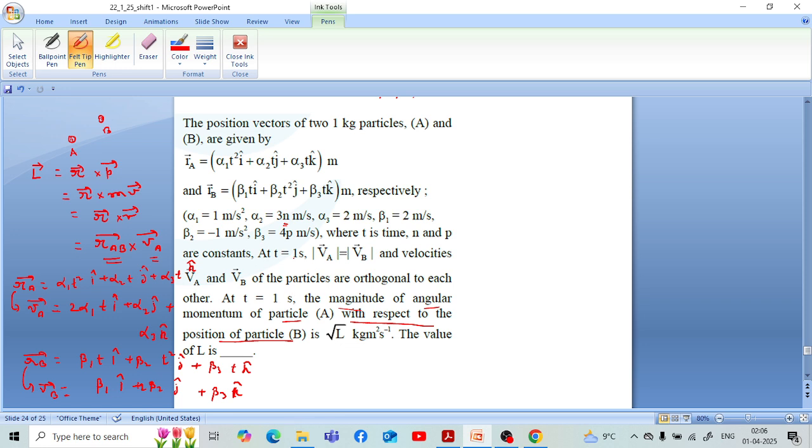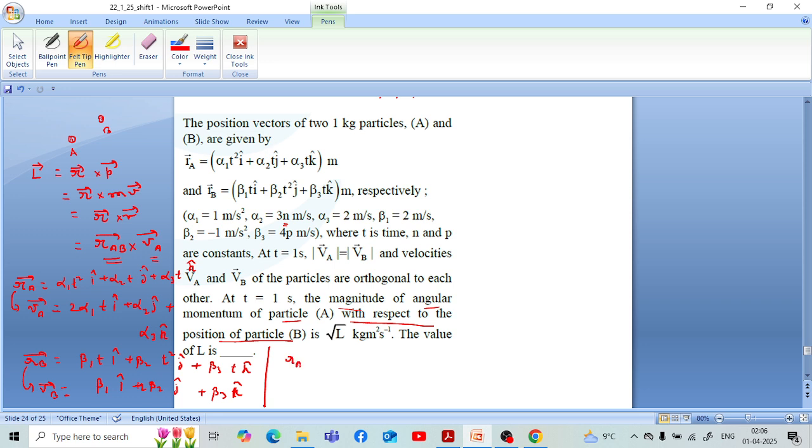Now, the magnitudes of Va and Vb are equal at t equals 1 second, and we also have to calculate the angular momentum at t equals 1 second. So we can put t equals 1 straight away in these equations, and the equations get simplified.